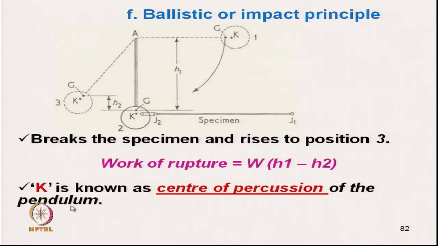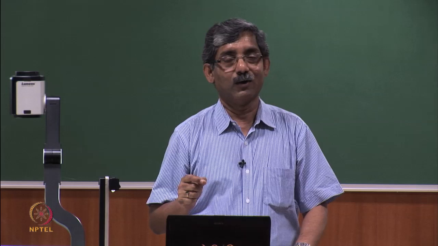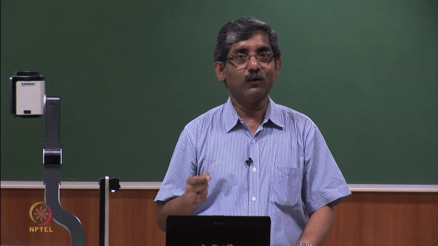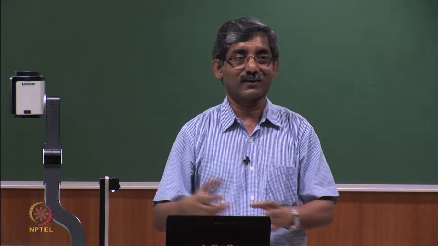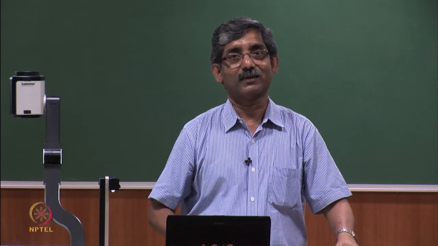And K is known to be the center of percussion. So, this is the K of the pendulum. What is the importance of the center of percussion? It is the point where there will not be excess jerk on the other side, on the handle.